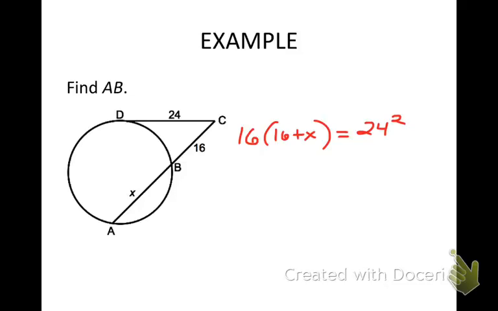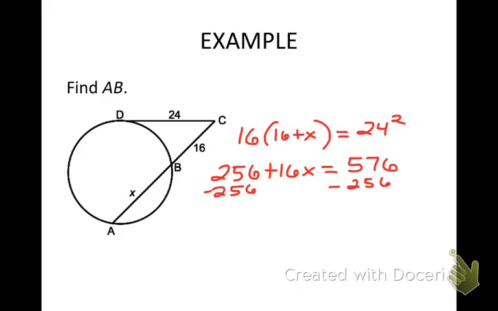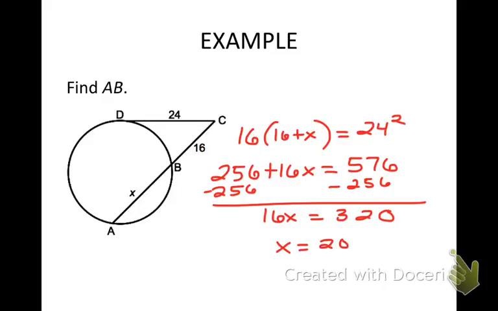Alright, so 16 times 16 is 256 plus 16x. 24 squared is 576. Subtract 256 from both sides. So that gets me 16x is equal to 320. So 320 divided by 16 is 20. So x is equal to 20, which is what AB would be equal to also.